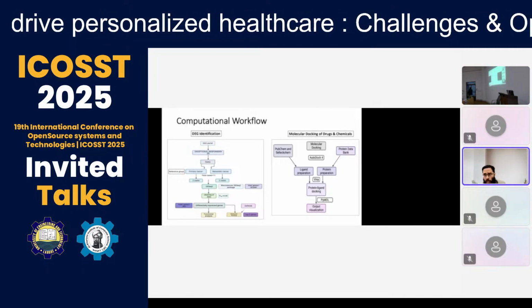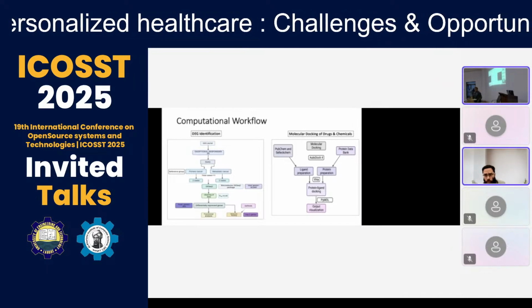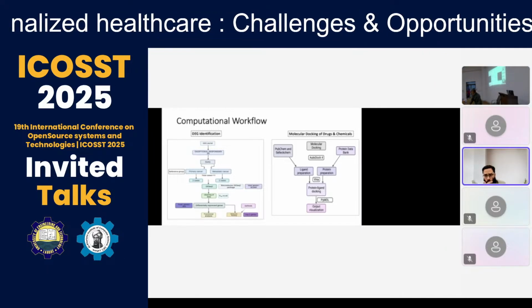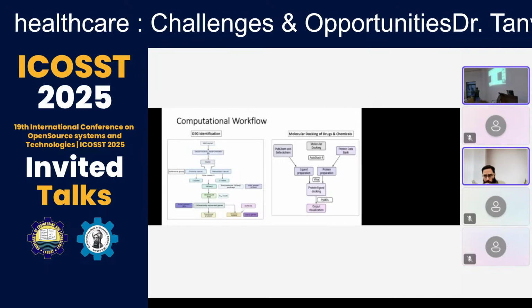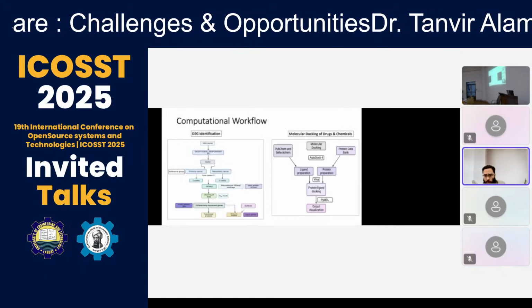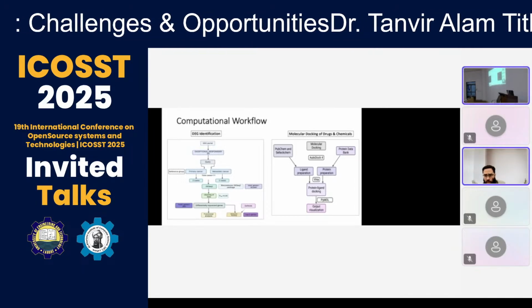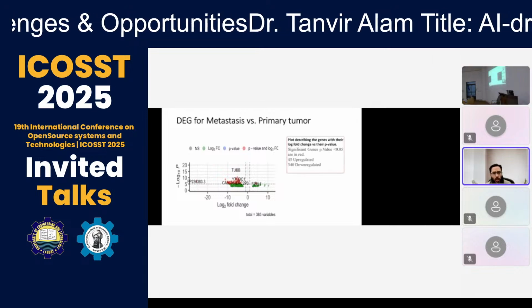Then we selected the molecular docking approach for open source chemicals that are available in the literature. We prepared the ligand and protein, made the protein-ligand docking, and looked at the visualization. These are the kind of outcomes we got.